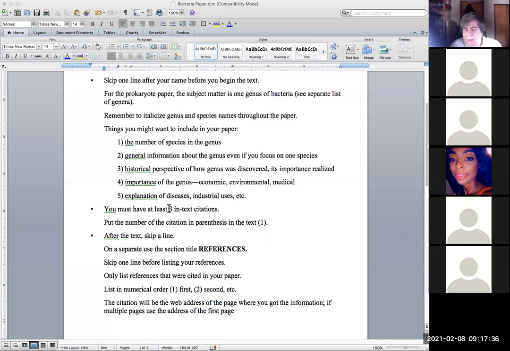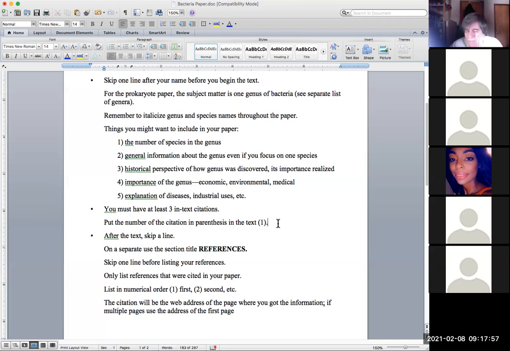Now, we're gradually going to learn how to do citations for science papers, but we're going to start out kind of slowly. So you have to have at least 3 in-text citations. And you put the number of the citation in parentheses after the text.